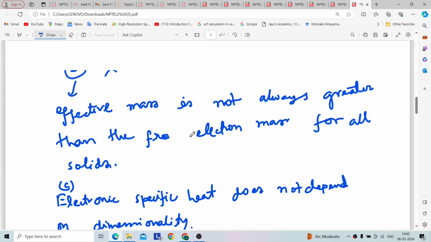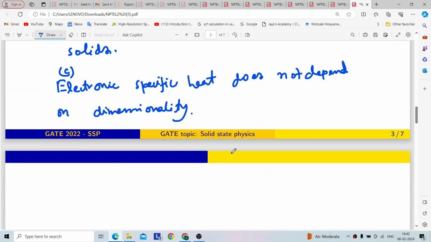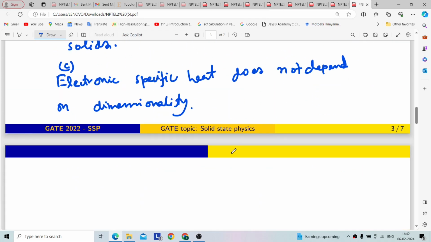Okay, so in that question they are asking whether temperature dependence of C depends on the dimensionality of the solid, but for the electronic specific heat case it does not depend on the dimensionality. So again option C is not correct.